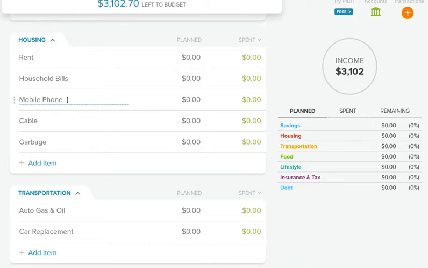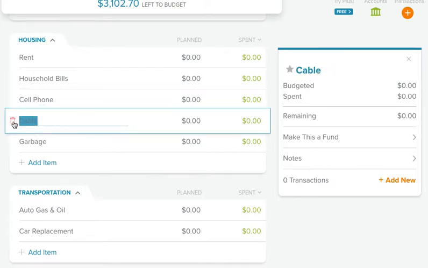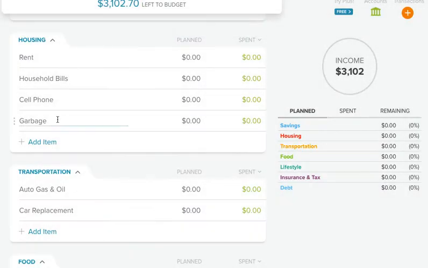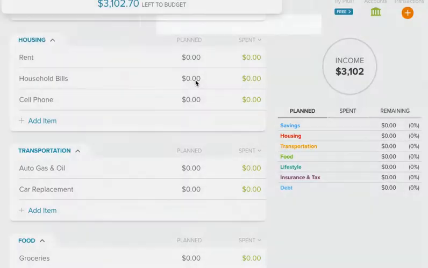Instead of mobile, I'll just put cell phone. Cable is part of my household bills. And I don't have garbage bill. I do have gas.